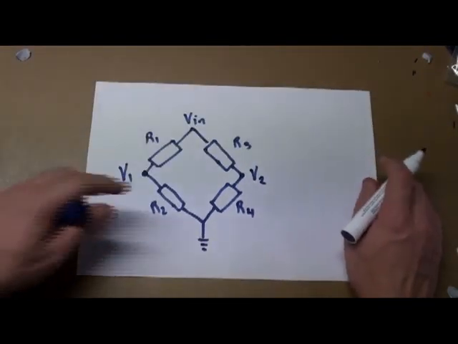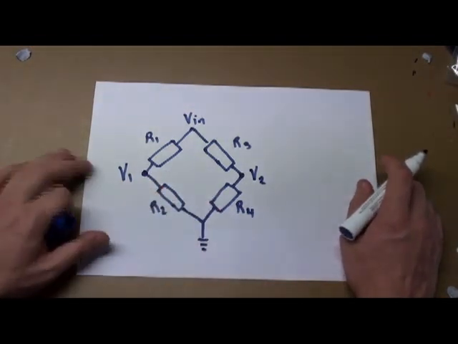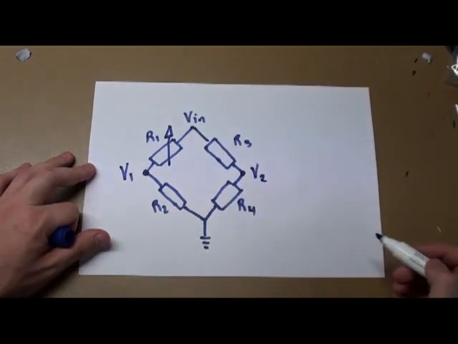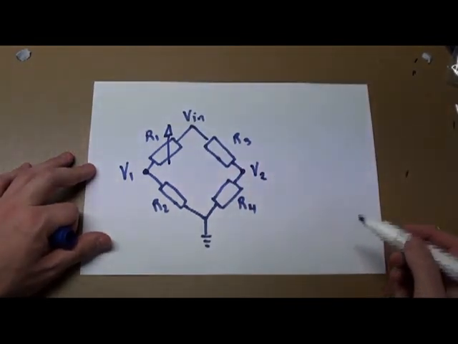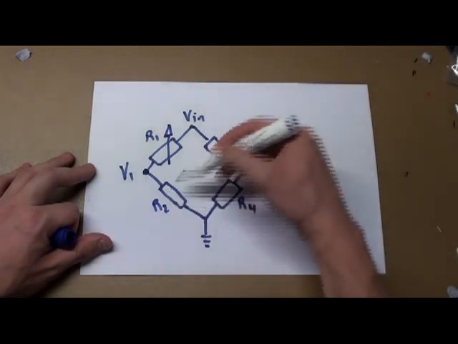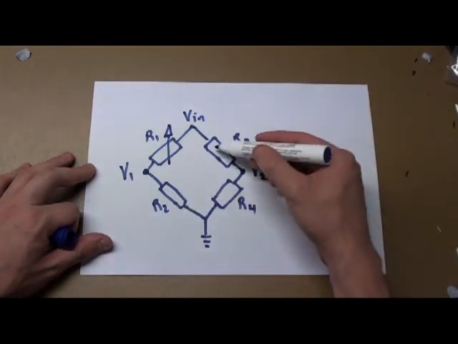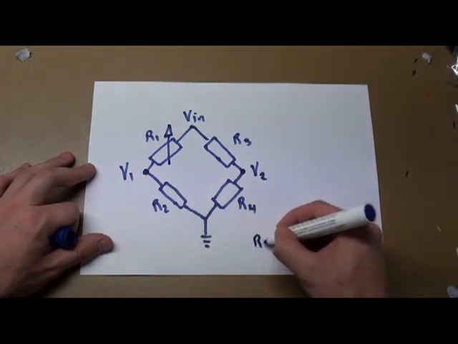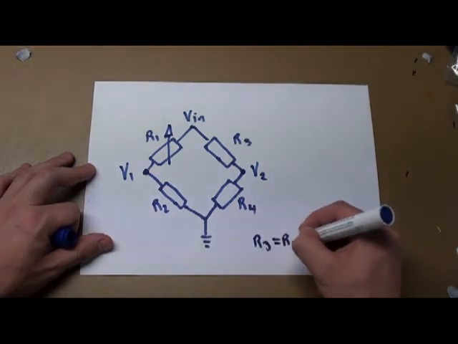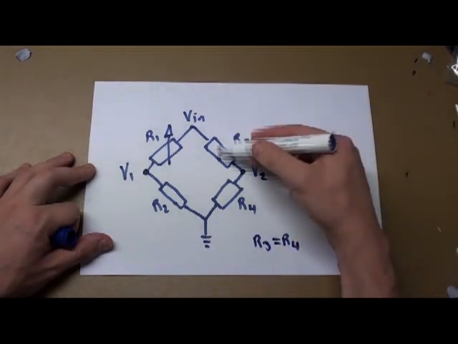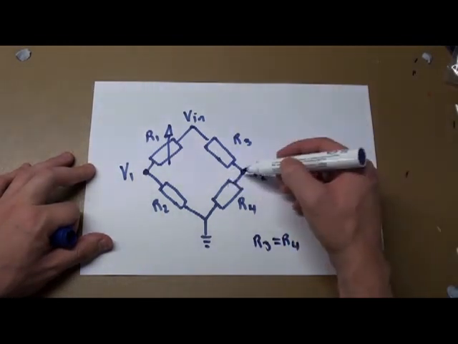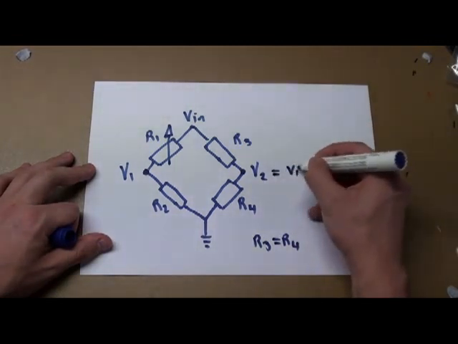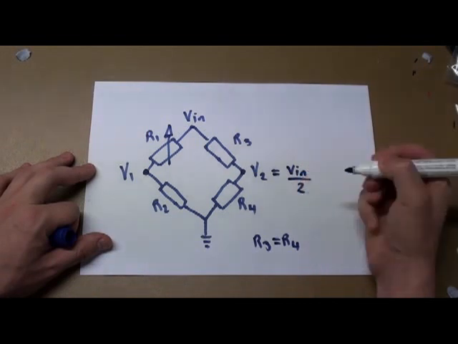It may not be obvious why we want to do this, but the trick is that this one here is our strain gauge. If we consider that these are all going to be constant, then we also assume that R3 equals R4, so these are the same. Then if you put in the maths, you'll find that V2 comes out to be V in on 2.